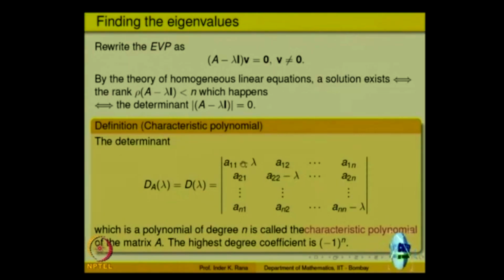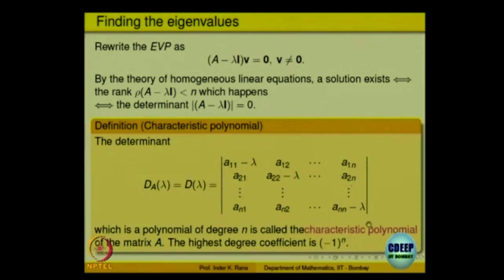So what will be the highest power of lambda that will come? Lambda to the power n, right, plus some lower powers. So essentially we are not exactly proving it, but giving you an intuitive hint that this determinant is a polynomial in lambda of degree n.